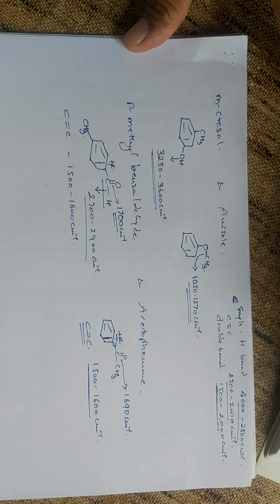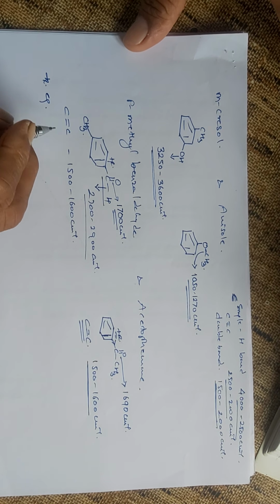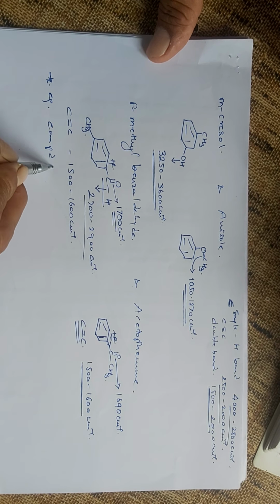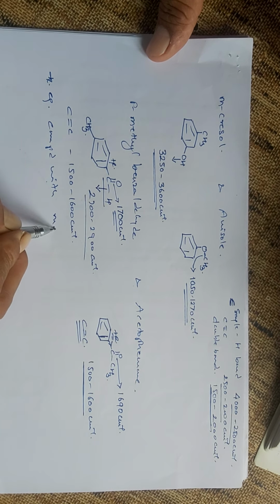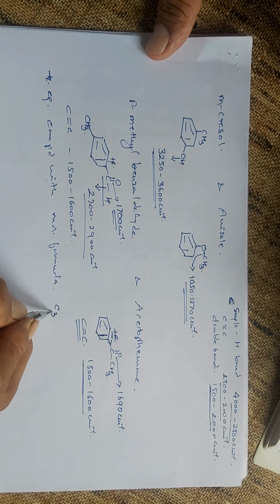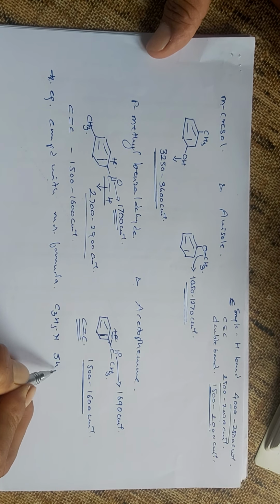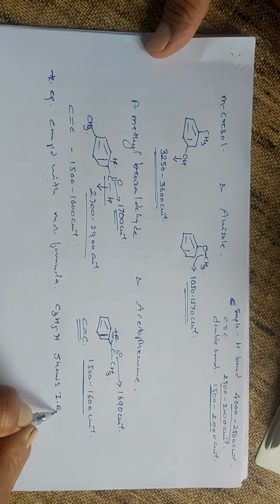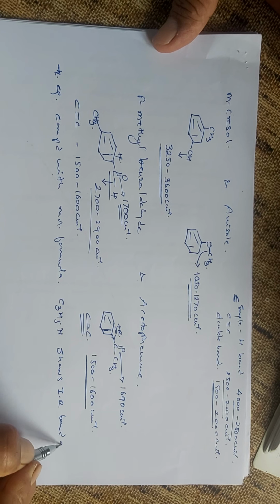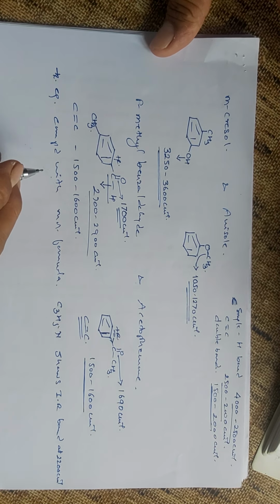So here I will take an organic compound. Another problem: a molecular compound with molecular formula C3H5N shows an IR band at 2200 reciprocal centimeter.